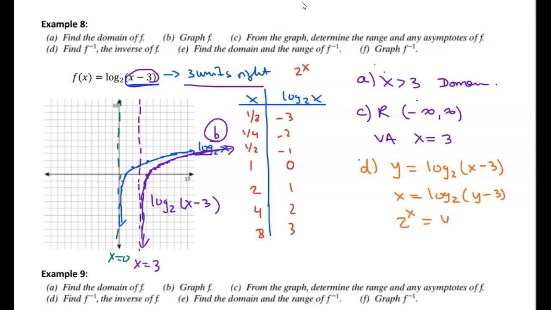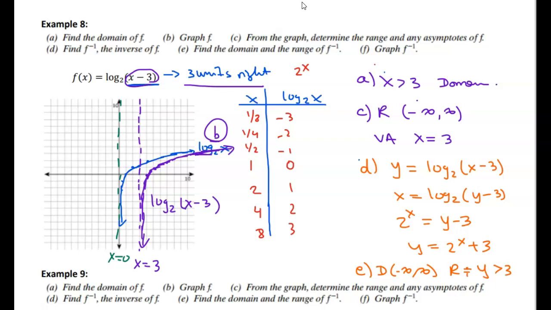So 2 to the x is y minus 3, and y equals 2 to the x plus 3. This is the inverse of the original function. The domain and the range of the inverse are going to be the range and the domain of the original function. So the domain is negative infinity to infinity, and the range is y bigger than 3.